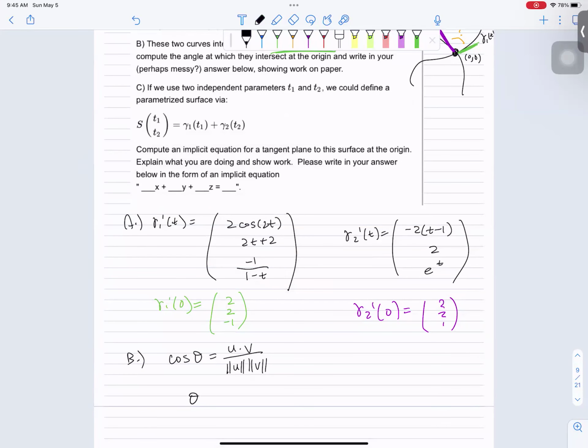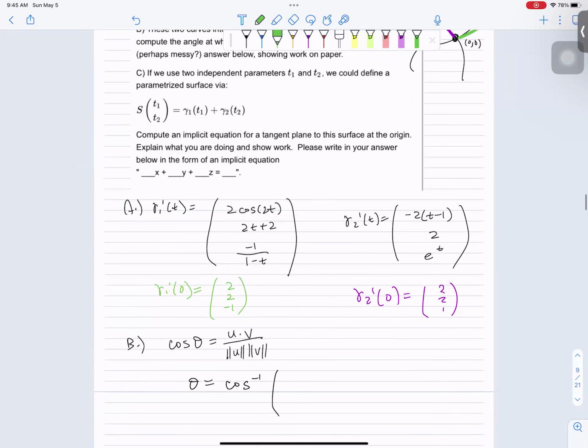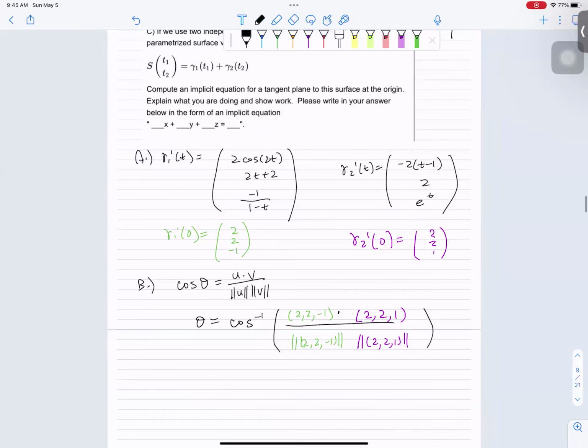So when I want to find the angle between them, it's going to be arc cosine of (2, 2, negative 1) dot (2, 2, 1), all divided by the length of u and the length of v. When I do the dot product, 2 times 2 is 4, plus 4 is 8, minus 1 is 7.